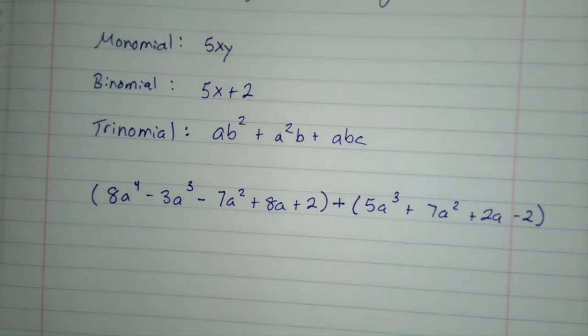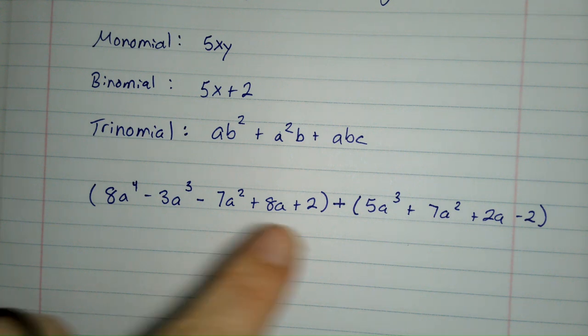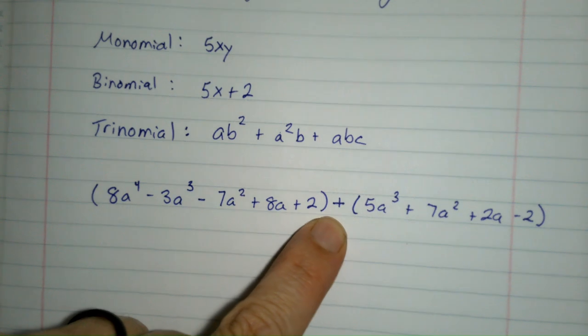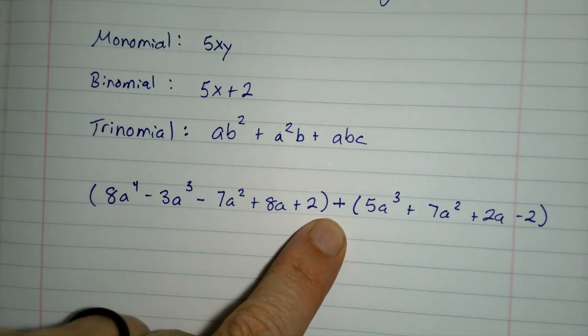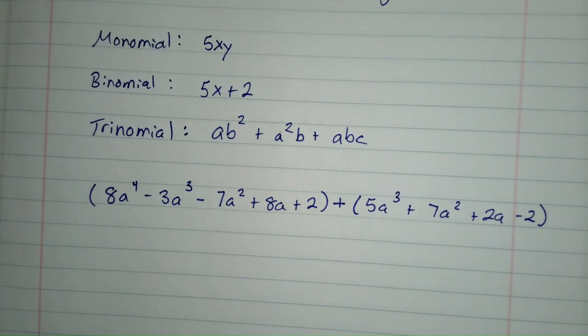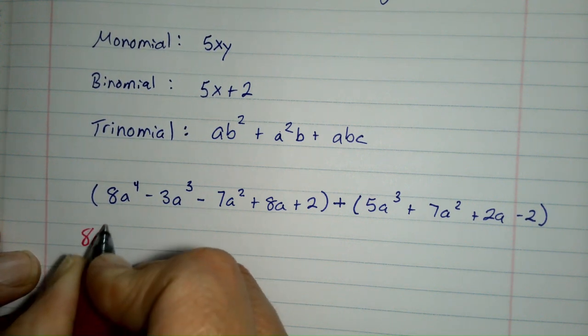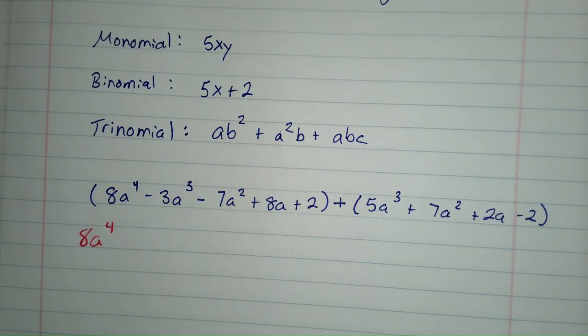And we could line these up vertically, but I'm going to color code. In this case, the plus really doesn't have much to do because distributing a positive through isn't going to change anything. So the only term that is quartic, or degree of 4, is this 8a to the 4th.